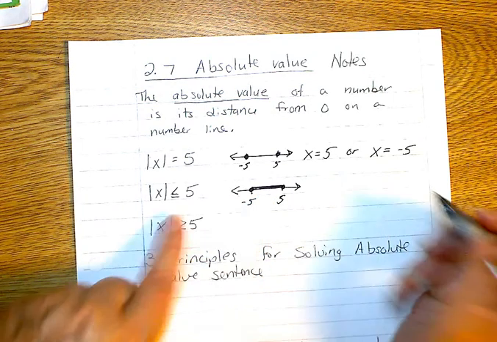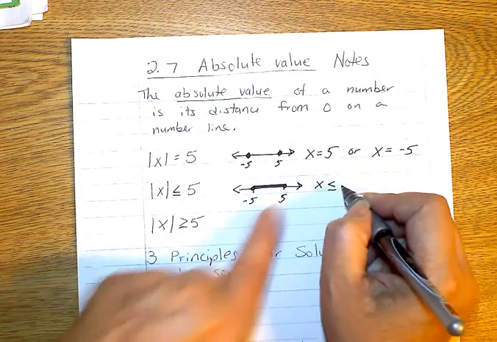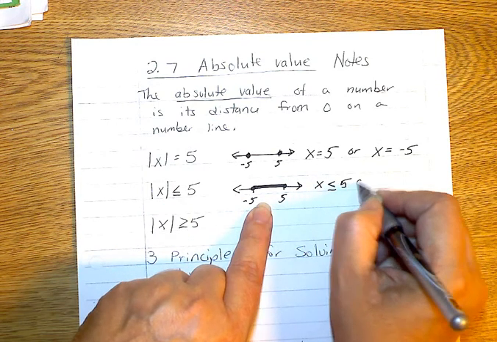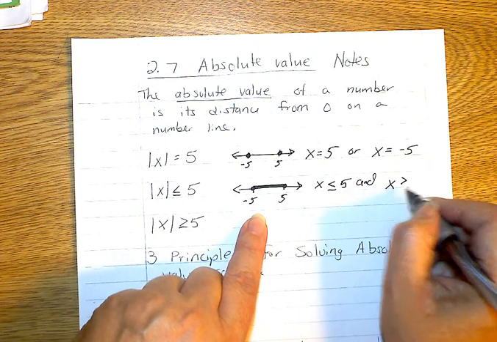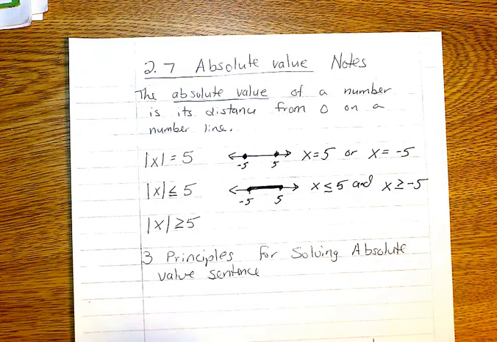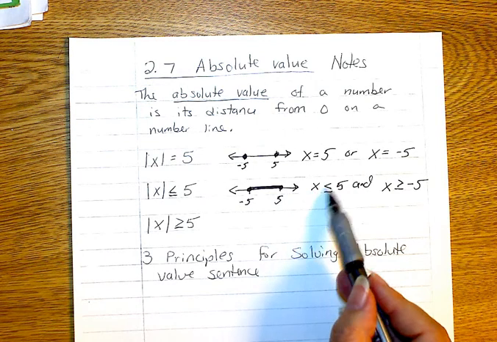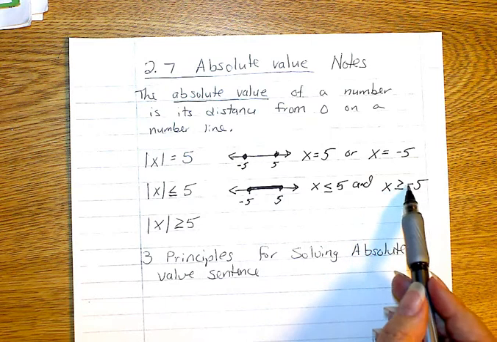So that means that we have x is less than or equal to 5, right? And x is greater than or equal to a negative 5. So we are saying that it is either x is less than 5 and x is greater than or equal to a negative 5.